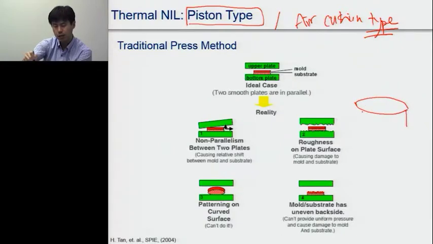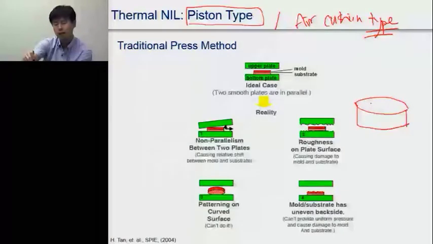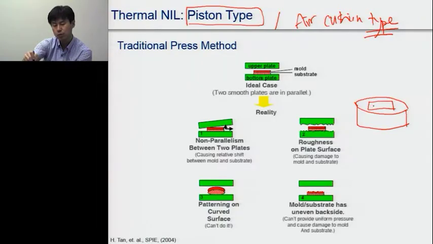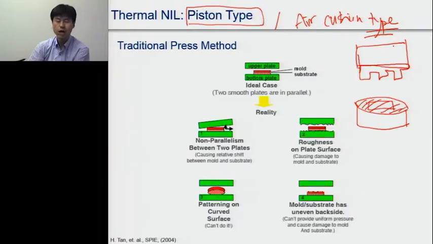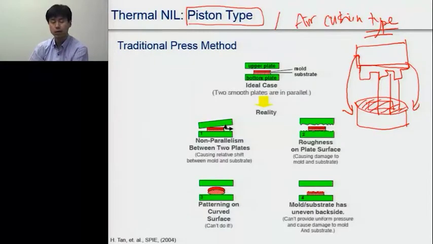It has sample stages, and we load our samples on these sample stages, and the master mold is mounted on the piston. When we want to apply the pressure, the piston physically goes down and presses. That is the piston type of thermal nanoimprint lithography system.